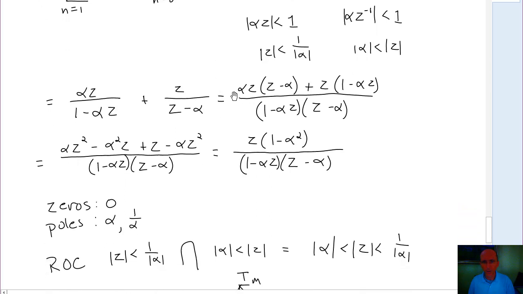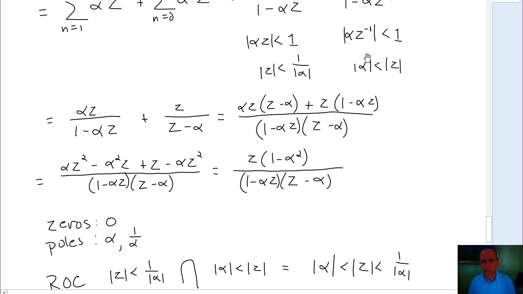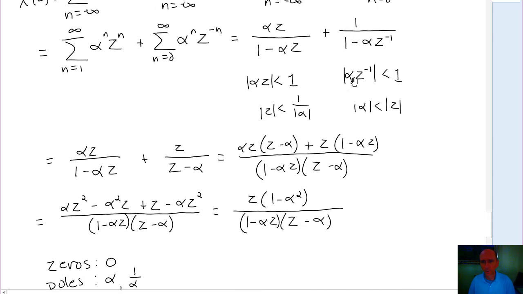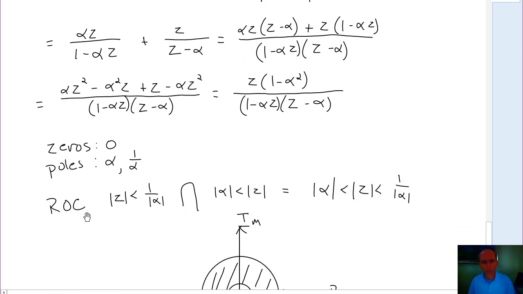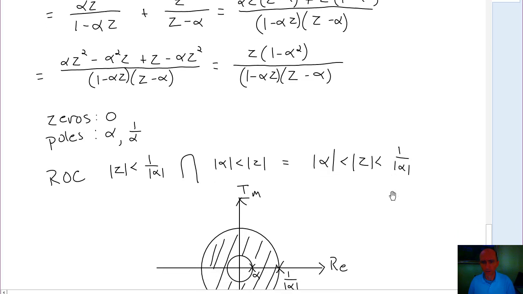So for the region of convergence, we need both z to be less than 1 over the magnitude of alpha and z greater than the magnitude of alpha. So we need both conditions at the same time. In other words, if we write them together, it is just z between the magnitude of alpha and 1 over the magnitude of alpha.